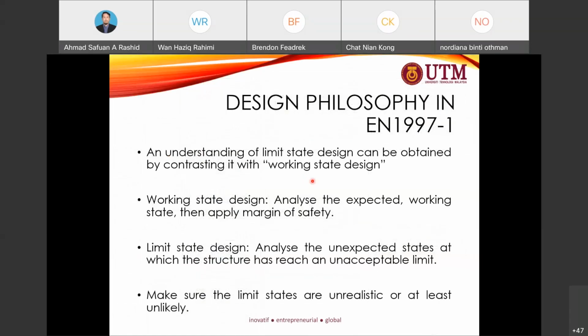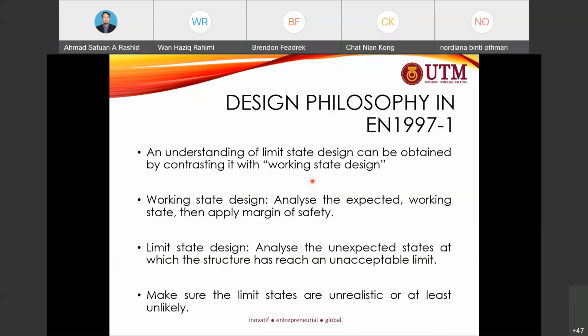So now we move to the design philosophy in Eurocode 1997. An understanding of limit state design can be obtained by contrasting it with working state design. Working state design analyzes the expected working state, then applies a margin of safety.